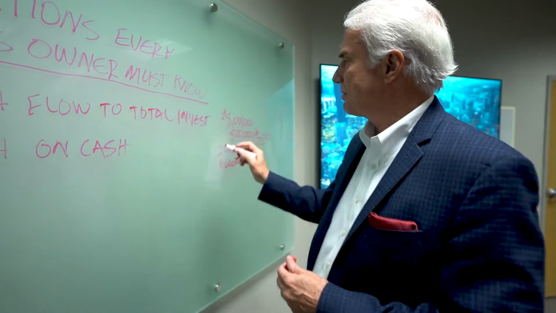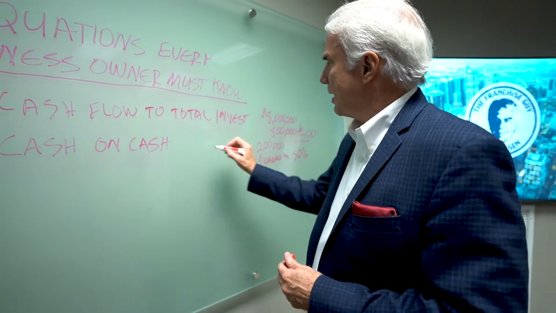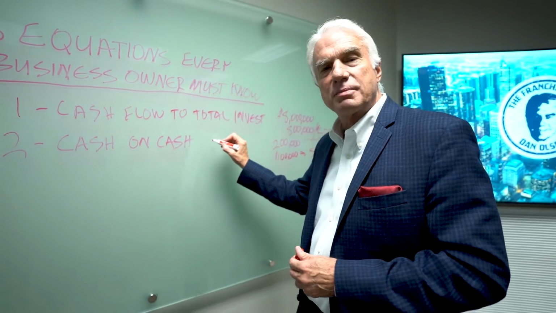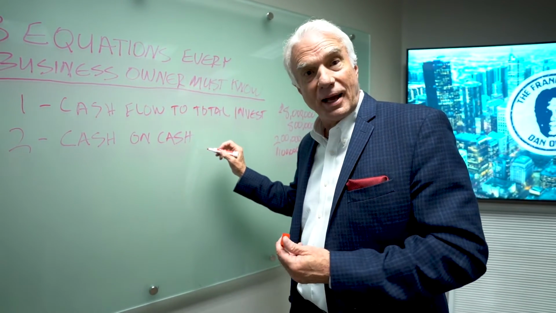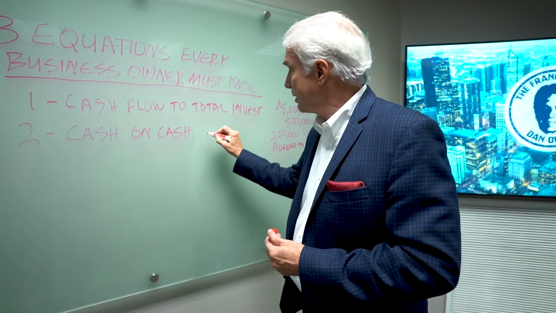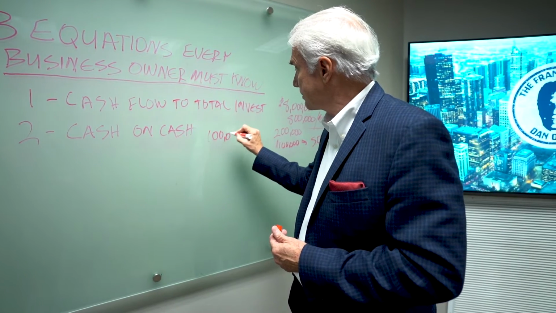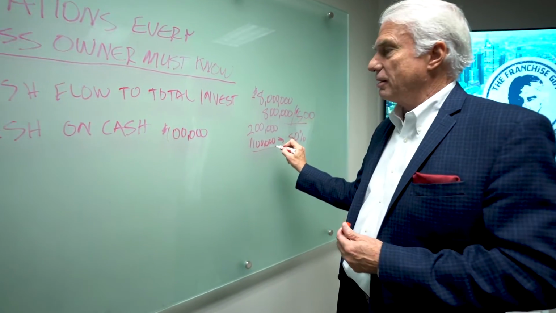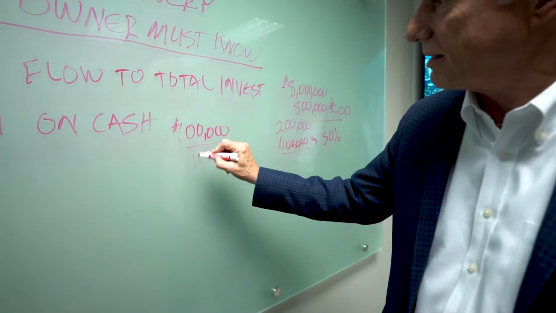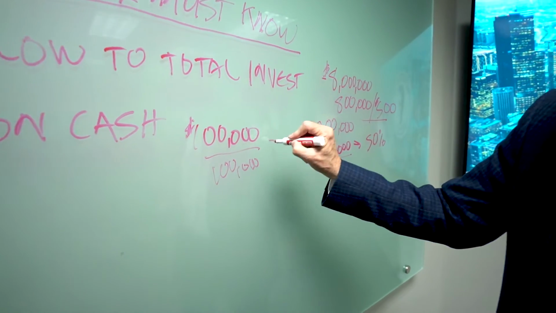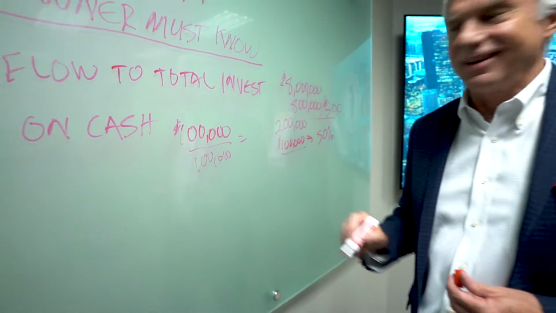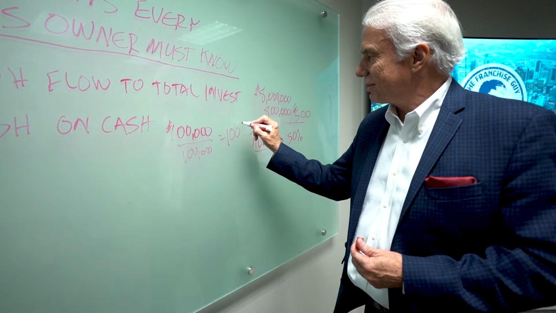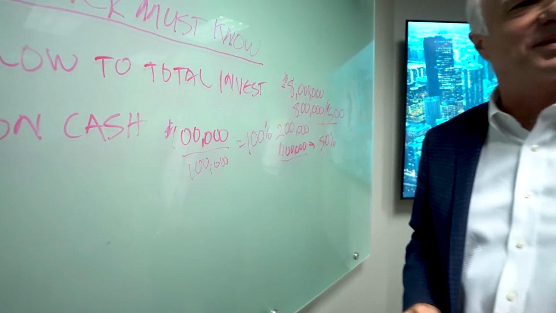For example, in this same example, let's say that out of the $200,000 investment, you're able to finance another $100,000 and only have to put $100,000 into it. And it still produces that same $100,000 cash. So we divide that 100,000 by 100,000. What's our return now? 100% return on your cash.